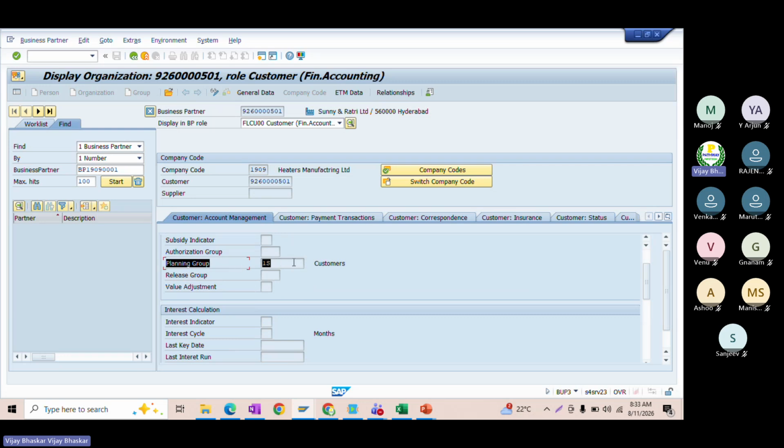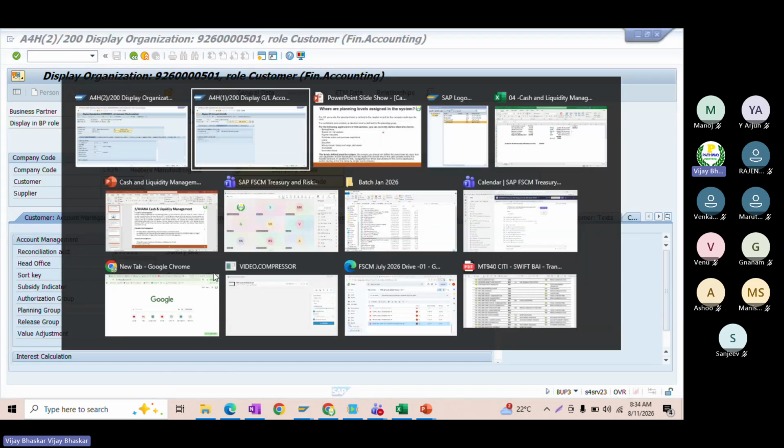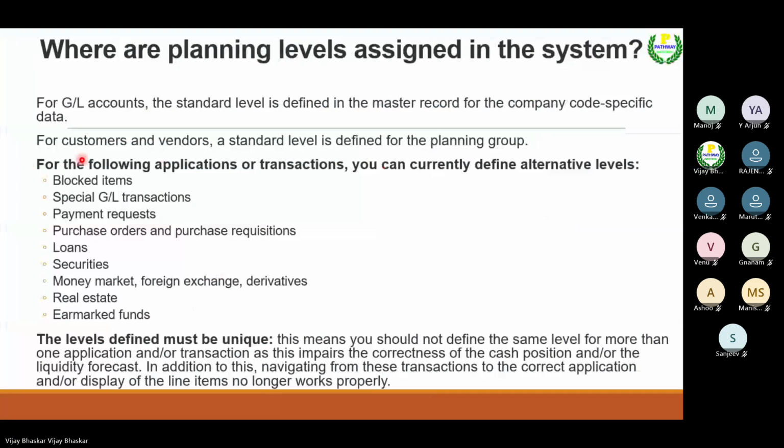Here, the required planning group can be associated with the customer and vendor master. Again, how the planning is done, whether it is going to equal your net due date or not, again a separate configuration would be required for that. That we can see during our configuration, I'll fulfill it there. Now, coming back to that.